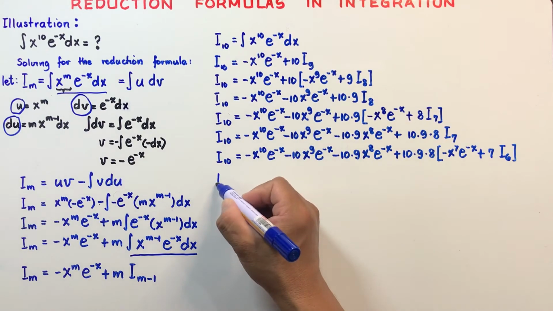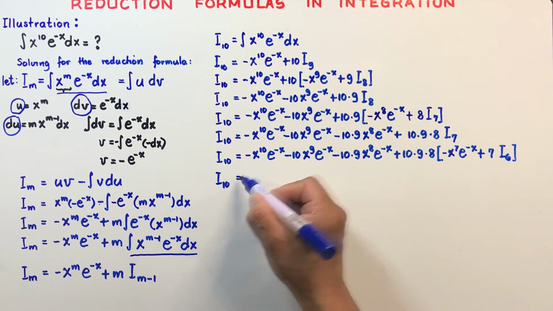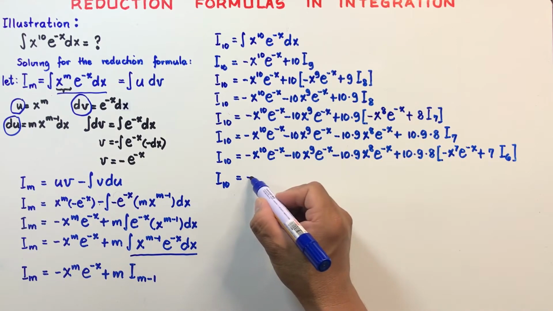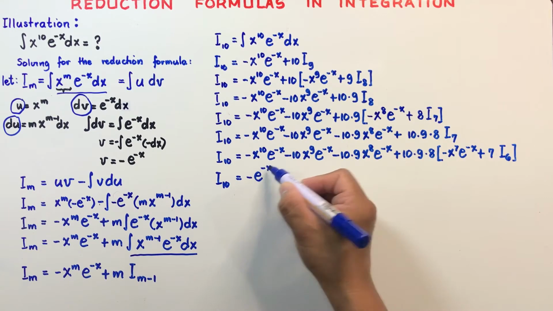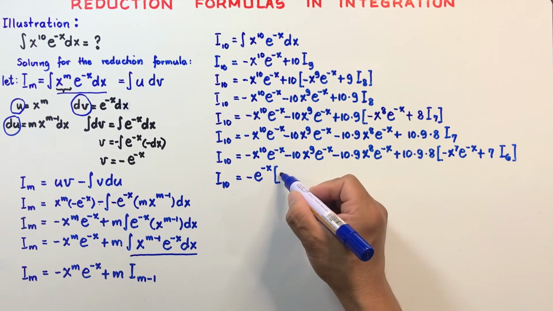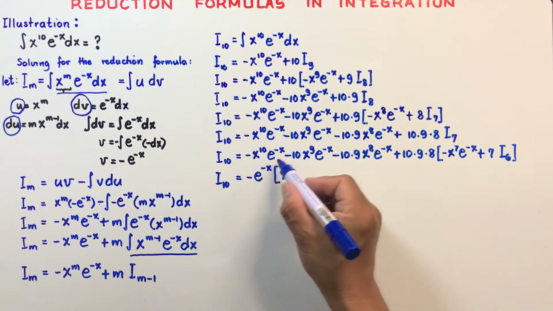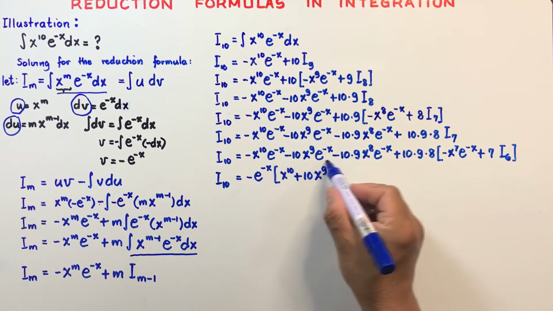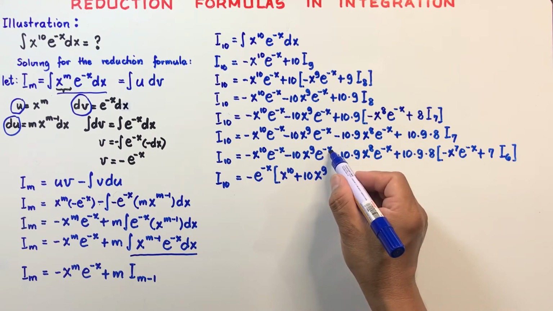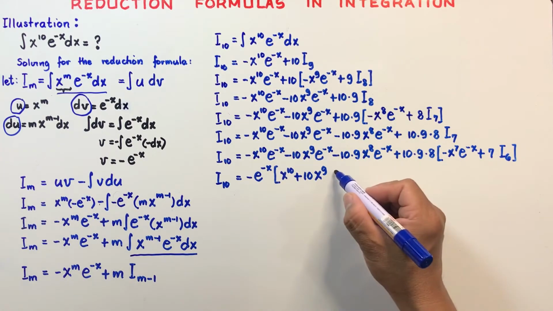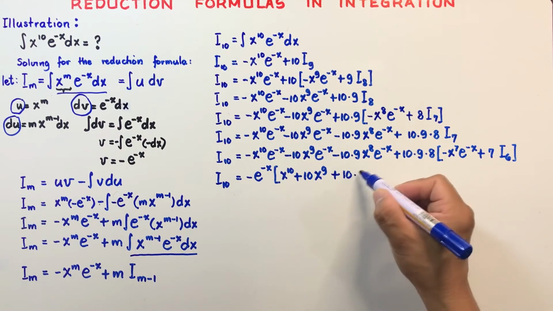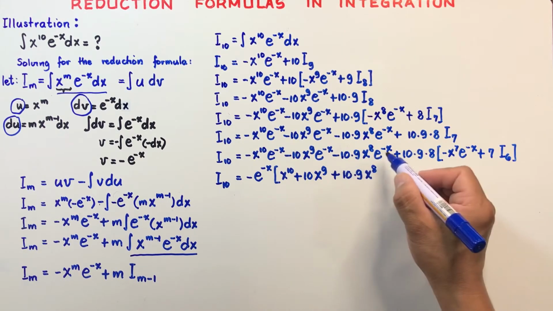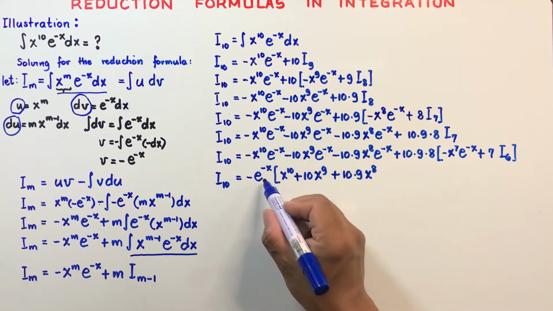So simplifying our answer here, we need to factor out the common factor in these terms here, which is the negative of e to the negative x. So we have x to the power 10 for this term, and then plus 10x to the power 9 for this term, because we need to factor this e to the negative x and the negative, and then plus 10 times 9 times x to the power 8, because this negative e to the negative x will be factored outside.